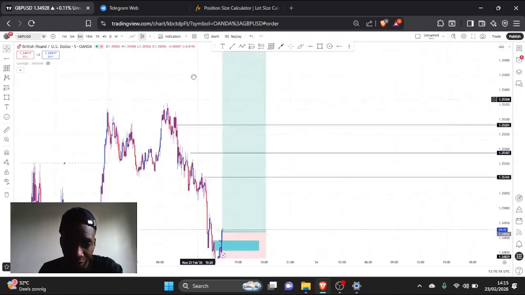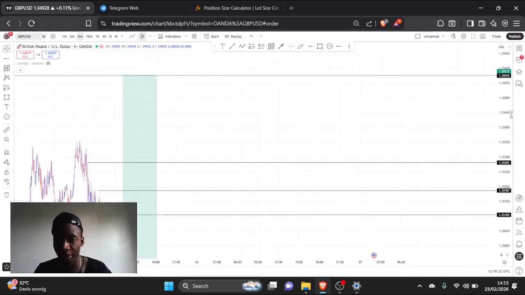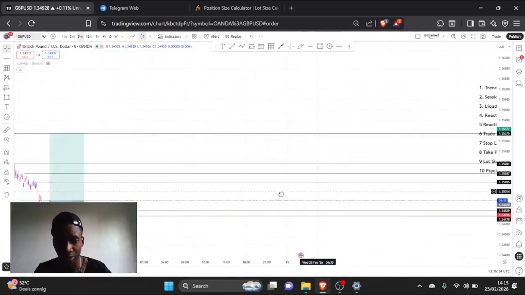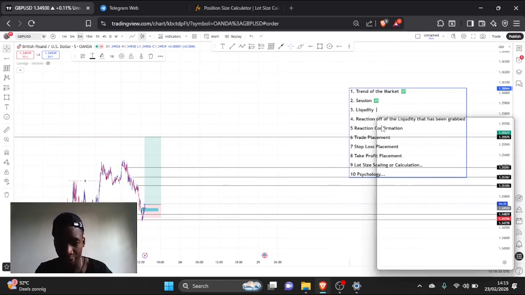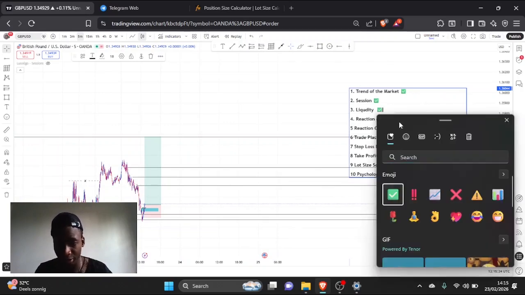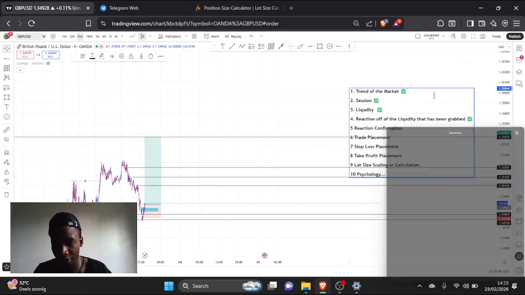Right. So what have we done? If we are to mark our plan, what have we marked? We've seen liquidity grabbed, which is that. That has been checked. What else have we seen? We've seen reaction to change of character. That's also been checked.